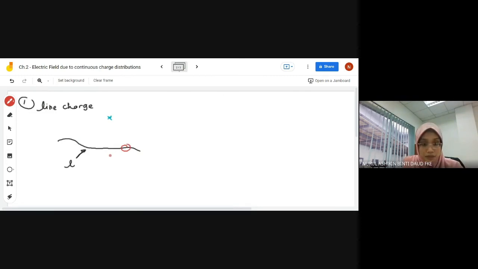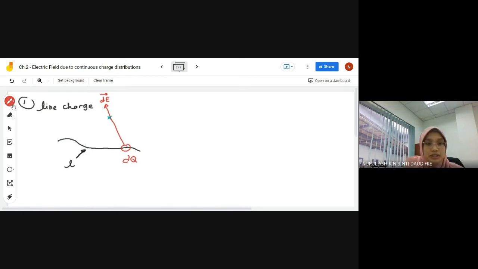The sample at this point carries a small amount of the total charge, which can be represented as dq. This dq will produce dE, a small amount of electric field.